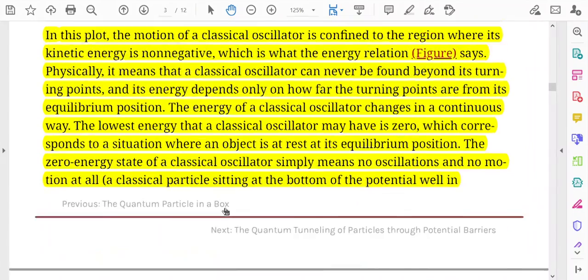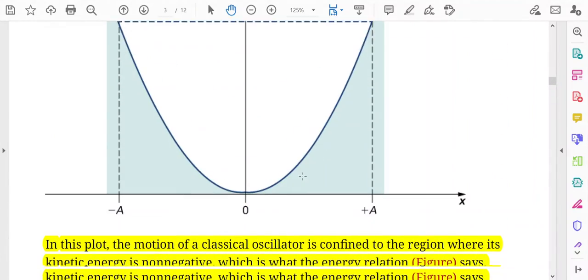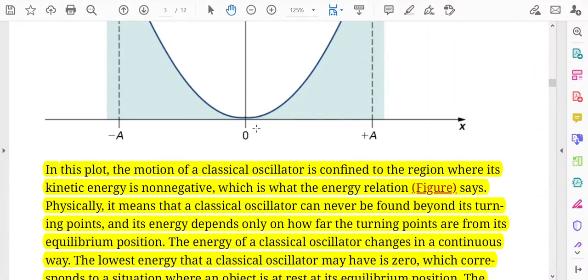So we have to keep in mind that the probability of finding the classical oscillator is highest at the turning points. Why? Because as it is reversing the direction after reaching this particular turning point, it spends maximum time at the turning points.